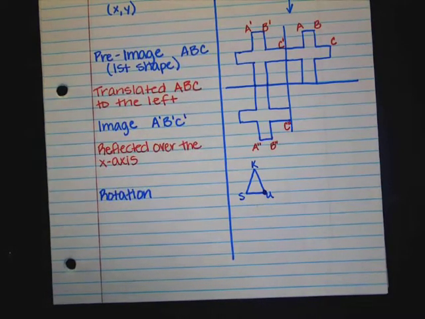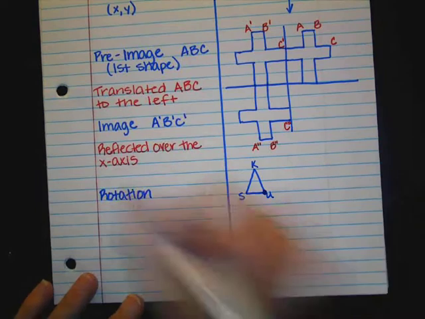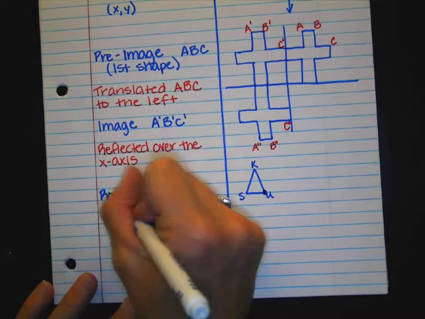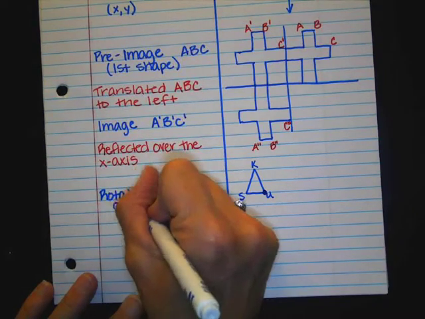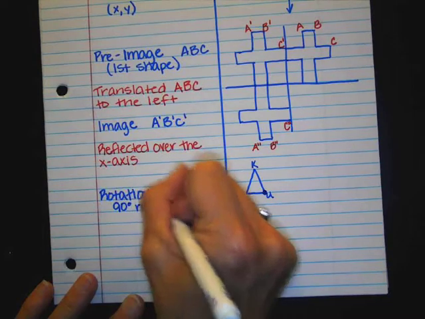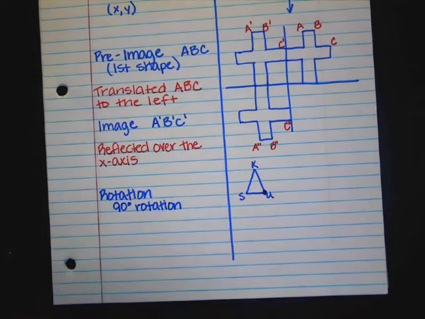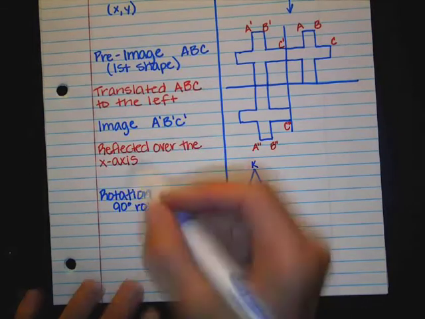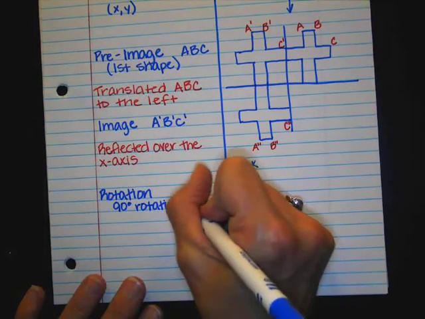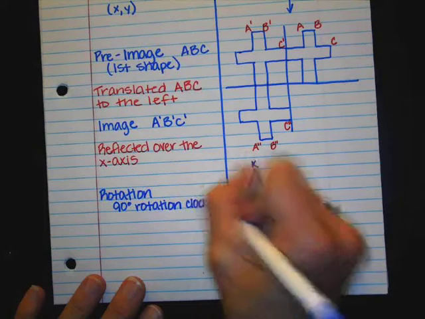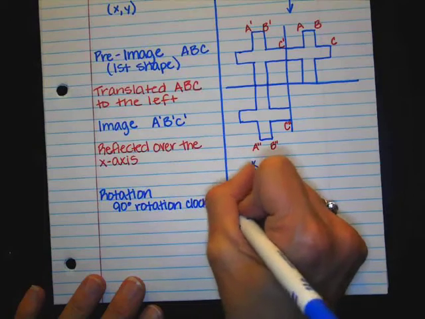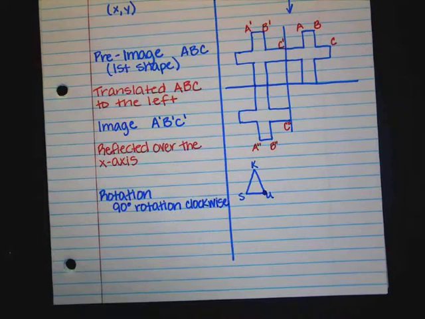Let's do a 90-degree rotation. And I learned this last hour: if I don't tell you what direction, you all start going 90 degrees in two different directions. I'm going to say clockwise. So I want to rotate triangle KSU 90 degrees clockwise.